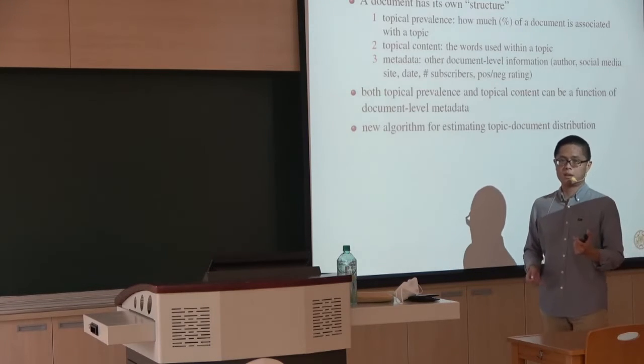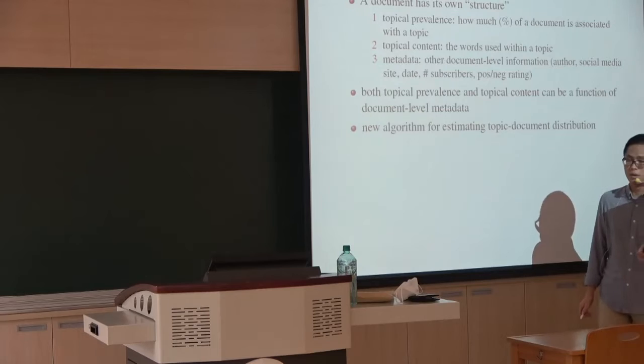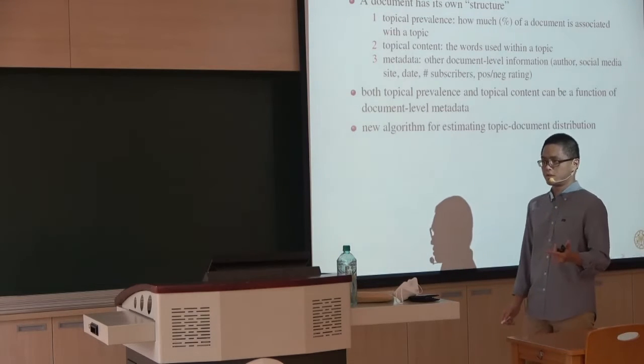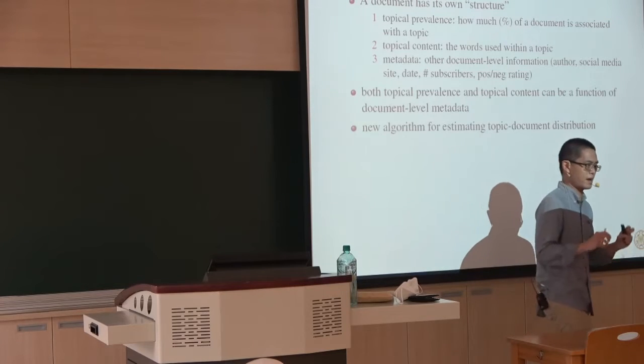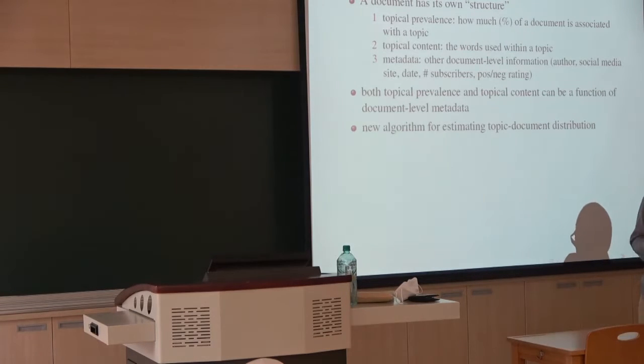For each piece of text, it contains multiple information, which we call document level information, or document level variable, or, using the trendy word, meta level information, or meta information.